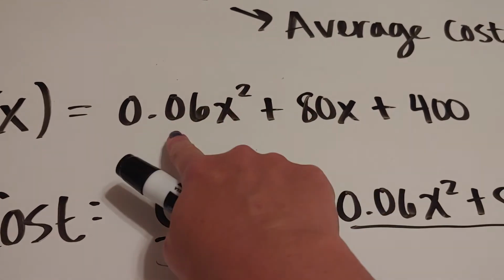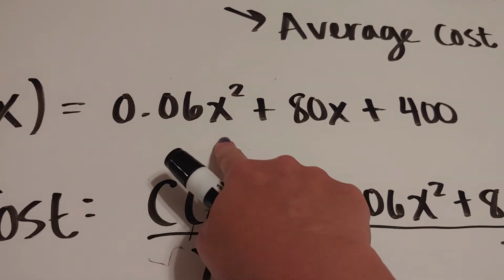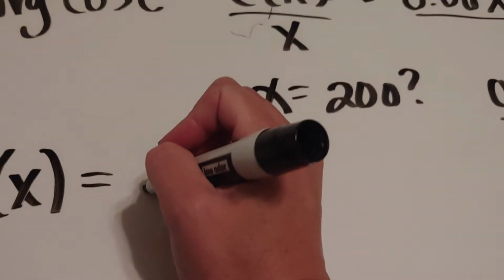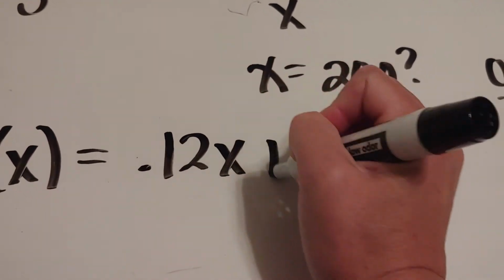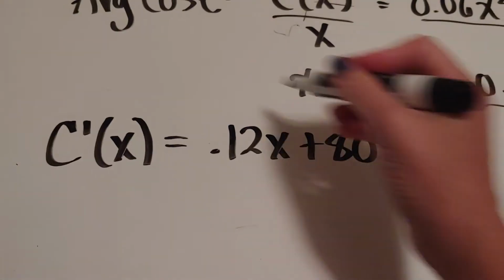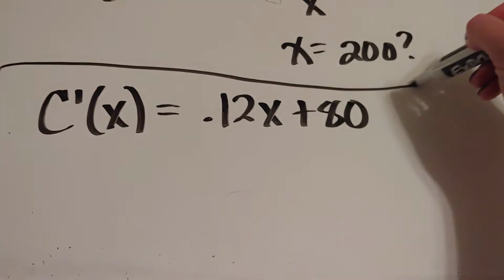So I'm going to bring down the 2. I'm going to get 0.12x plus 80. So this is my marginal cost function.